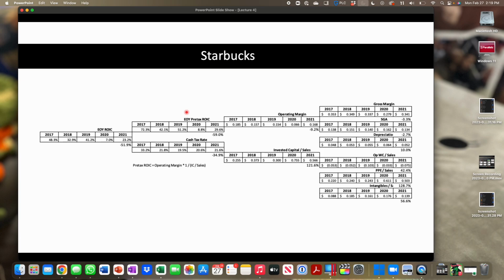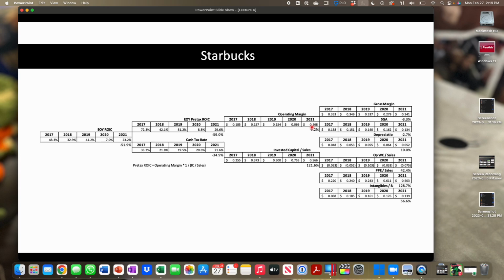Okay, so now we're going to look at drivers 2 and 3. Okay, driver 2 is their operating margin. Okay, basically, how much profit do they make when you go buy a cup of coffee? So from an operating standpoint, in 2017, their operating margin was 18.5%, which means for every $1 of sales, they made 18.5 cents of profit. In 2021, when they sold $1 of coffee, they made 16.8 cents in profit.